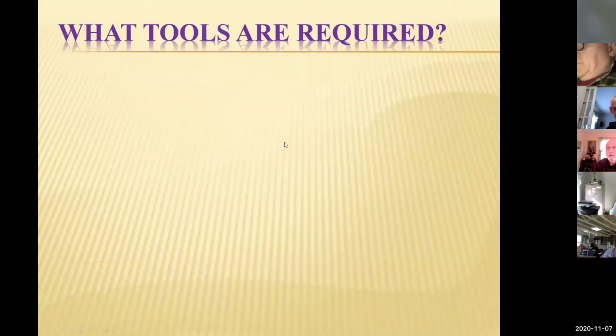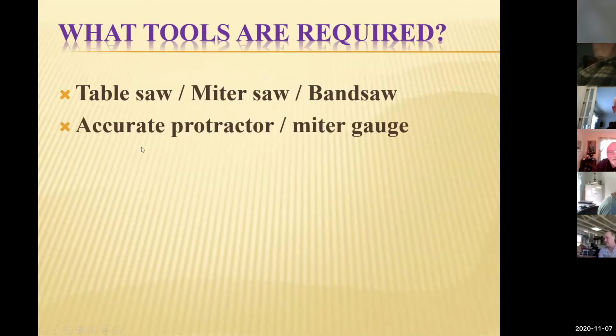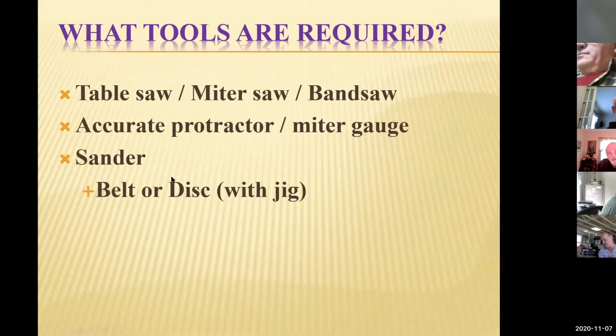Well, what tools are required? Just briefly, you need something to cut strips of wood, so a table saw, miter saw, bandsaw. I typically use my table saw for this. You need an accurate protractor or miter gauge, a sander.